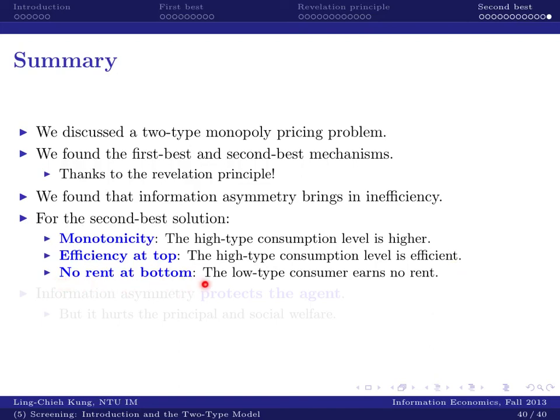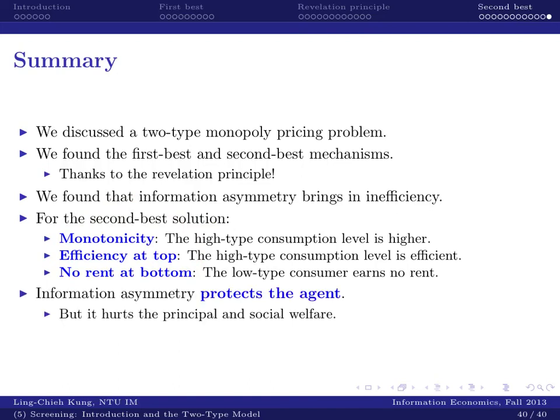And no rent at the bottom. The low-type consumer earns no rent. So we're going to see 2 weeks from now that all these properties of the second best solution will continue to hold in a more general model.